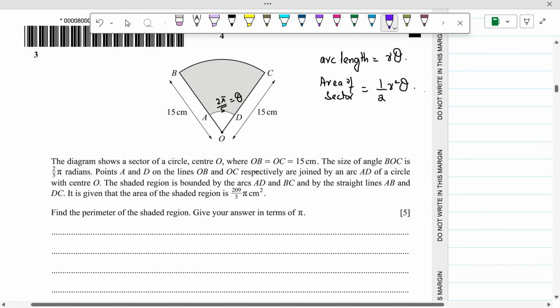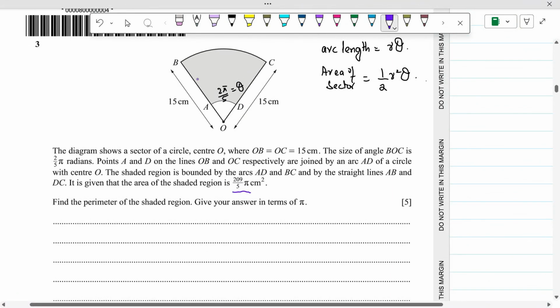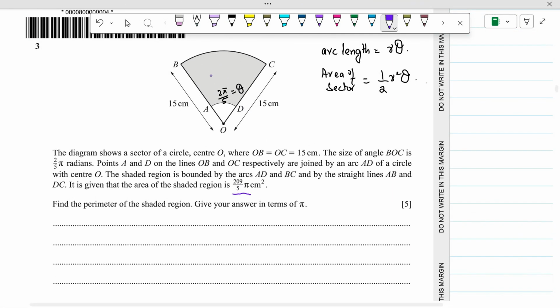The area of the shaded region is given, which is 209 over 5 pi. And this shaded region is the area of the sector of the large circle minus the area of the sector of the small circle. From the figure, we can see that OBC is the sector of the large circle and OAD is the sector of the small circle.